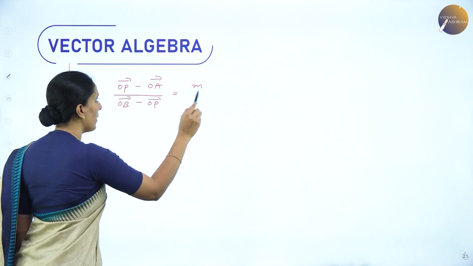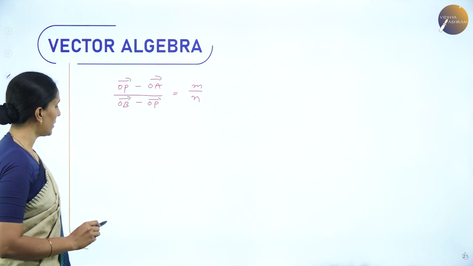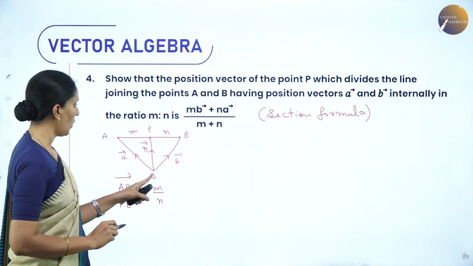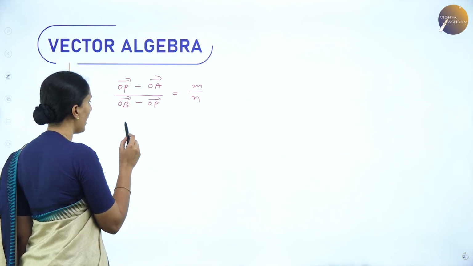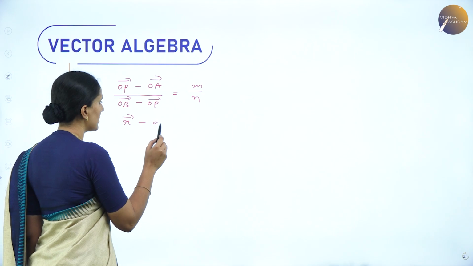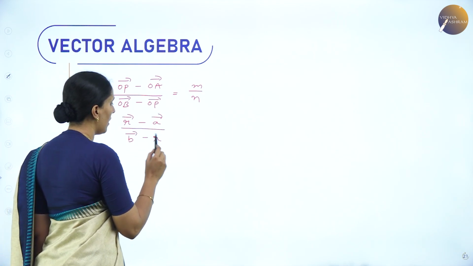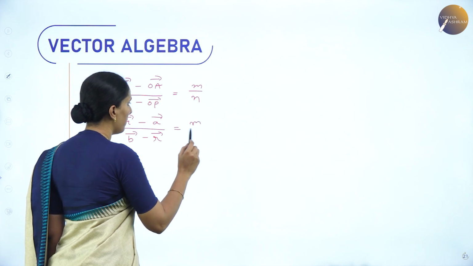Here we have M by N. Clearly from the diagram, OP is vector R, OA is vector A, OB is vector B. So here we have R minus A divided by B minus R is equal to M by N.